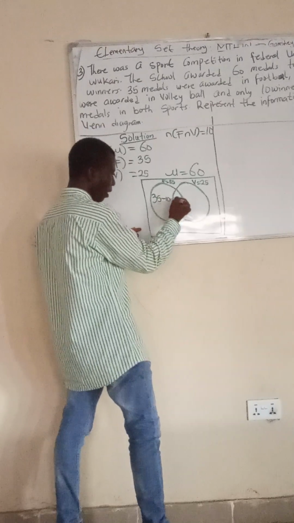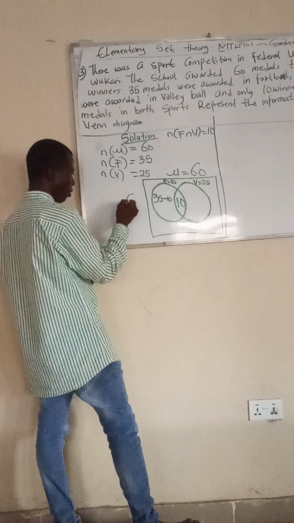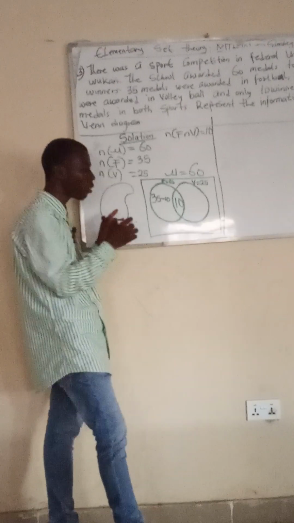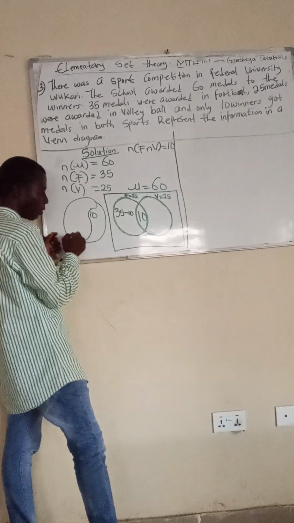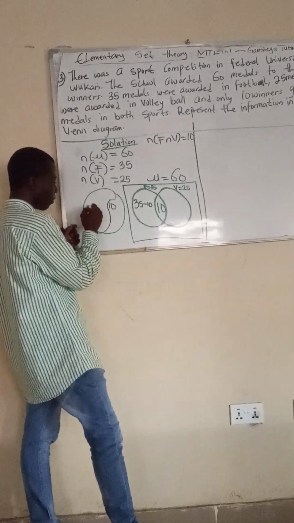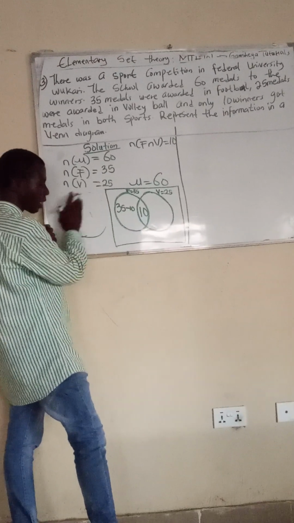If I cut out 10 from this place, it's no longer a complete circle because 10 is cutting it out. So this is going to be 35 minus what is cutting it out, which is 10. I just hope you understand.